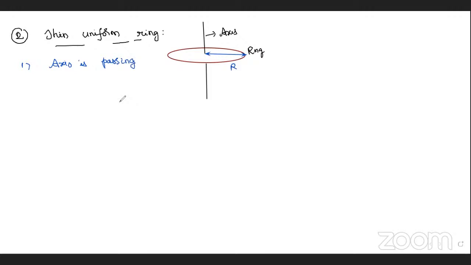Why? Because that will be used in the parallel axis theorem for the other axis. That's why we always try to derive the moment of inertia about the axis passing through the center. So the axis is passing through the center and perpendicular to the plane.